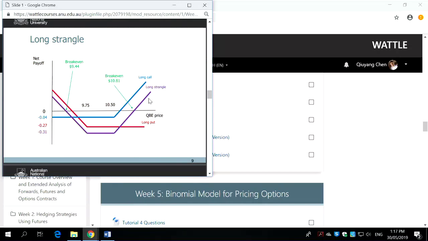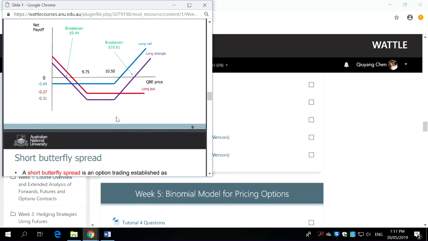Not on a diagram, but in words, okay? Provided in the writing format. Tell me what's the break-even range, and also show me the net profit after taking into account the premium, and show me the gross payoff before taking into account the premium. Does it make sense? Any other questions before we move on?